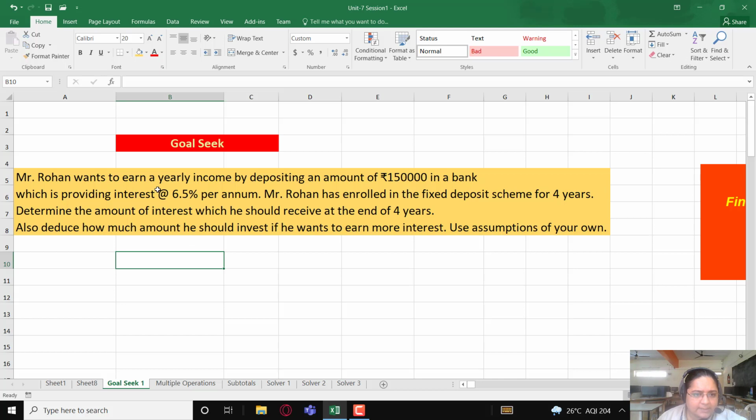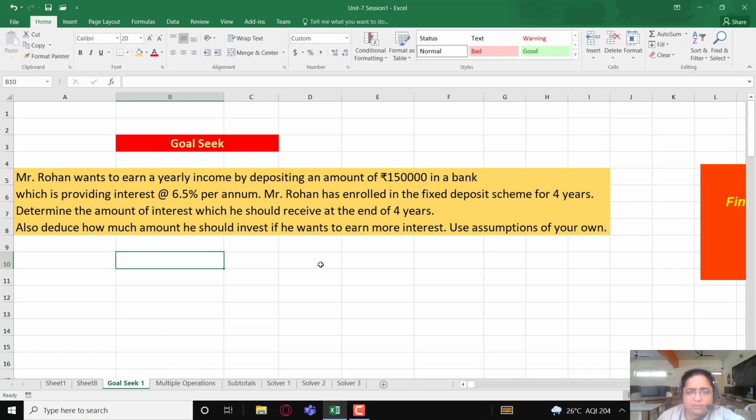So here let's start with a question, an example. Suppose Mr. Rohan is a simple person who wants to earn a yearly income by depositing an amount of 1,50,000 in a bank, which is providing an interest of 6.5% per annum.